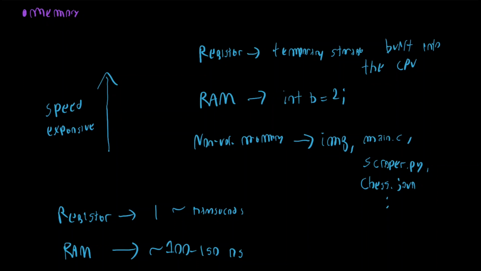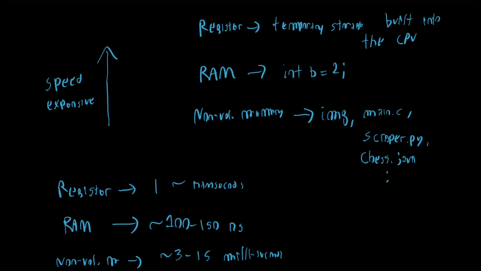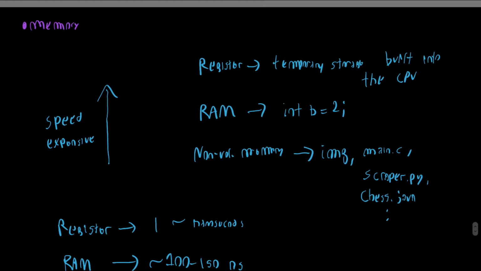And this is why, for example, we have the RAM that in most computers nowadays is around 16 or 32 gigabytes, and we have secondary memory that nowadays in most computers is of the order of a terabyte. But a register, in most CPUs, we just have 20 or 30 registers, depending on the architecture, that can store 32 or 64 bits.